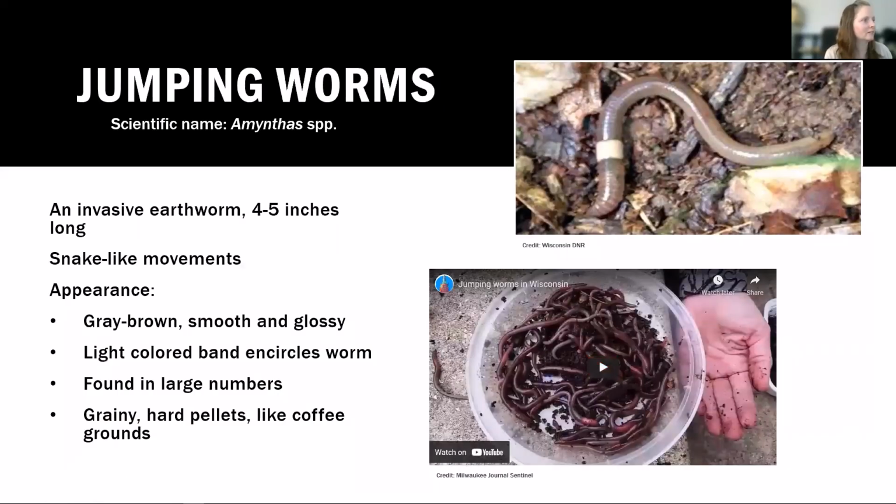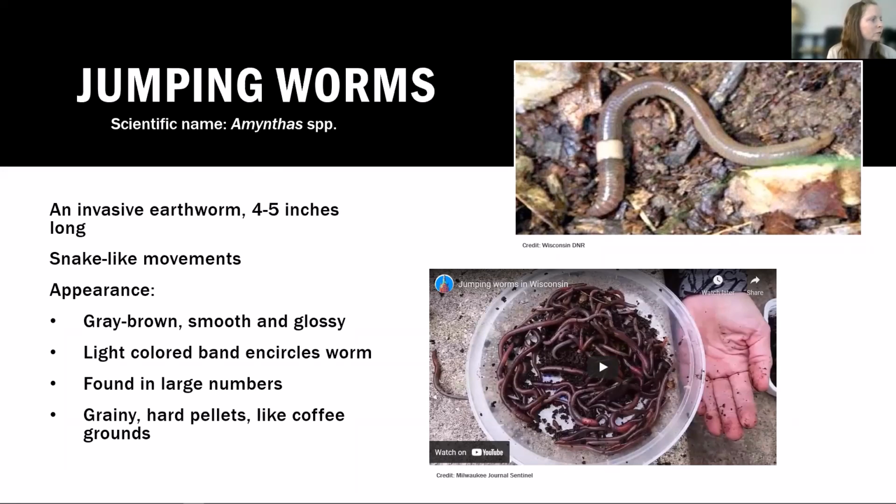I'll mention the jumping worms, which are a really distinctive organism. They are an invasive earthworm, an introduced one. Of course, all of our earthworms in North America are introduced, but these ones are definitely a bit different.